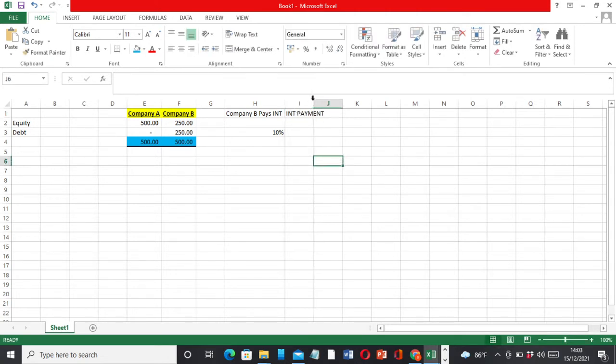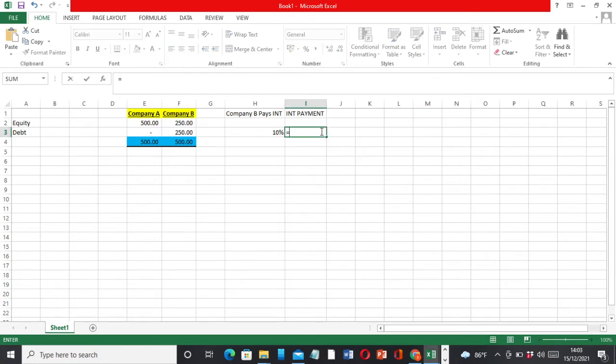Let's put the formula: 250 million multiplied by 10%, so that is 25 million interest payment. So company B pays 25 million interest on the borrowed 250 million, right? So simple and clear. We are all on the same boat.